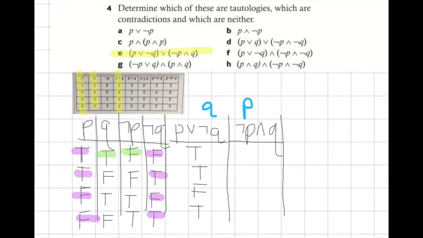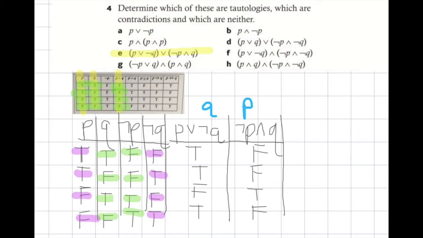We're thinking about these backwards. So false, true is false. Then not P, false, Q, false. So false, false is false. Then true, true is true. And finally, not P, true, Q, false. So true, false is false.